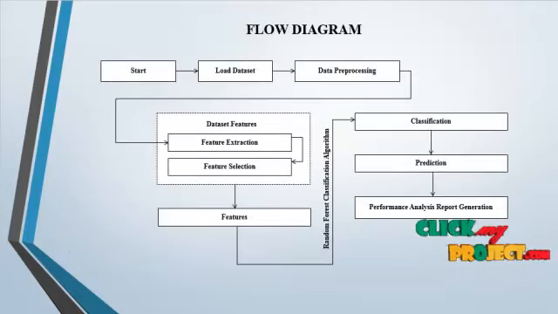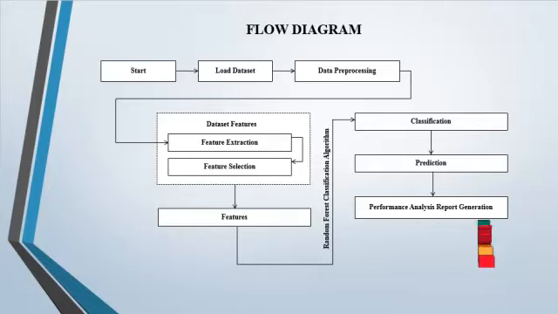Now we are going to see the flow of the project. First we start the process and load the dataset, and then we pre-process the dataset. In the pre-processing we remove unwanted data like null values, white space, and noisy values. Then we do dataset feature processing, in which we do two things.